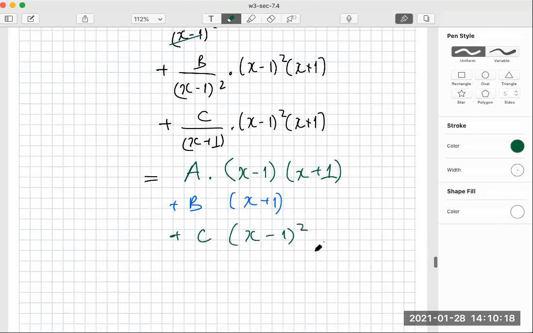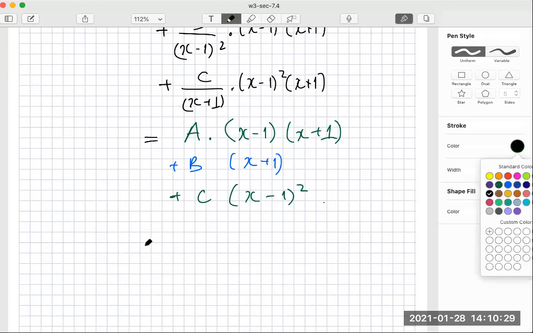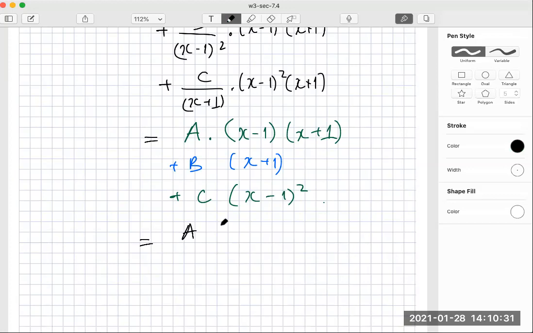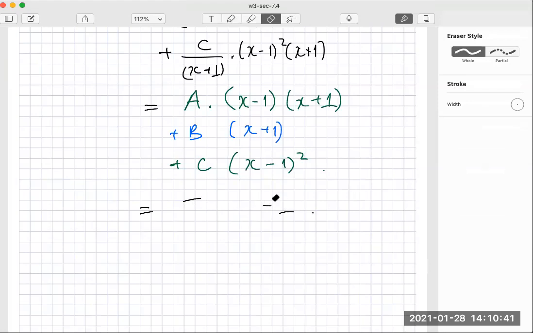Very good. Okay. Is it clear up to this point? Good job. Continue. Okay. X minus 1 times x plus 1, it will be? Good. Or, yeah, let us follow the trick here.